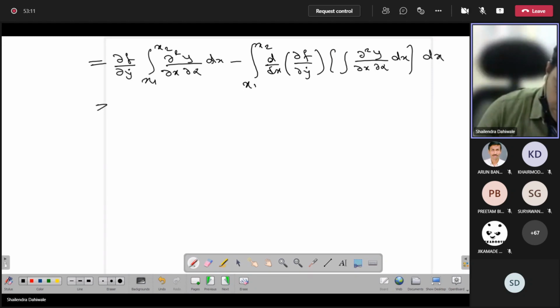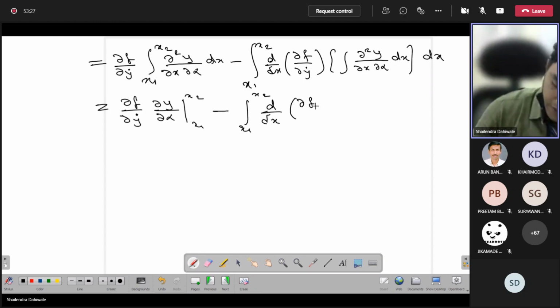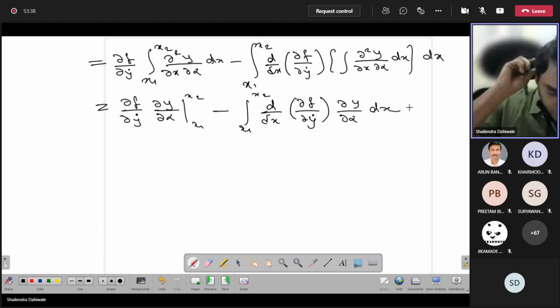If you solve this, you will have del f by del y dot times del y by del alpha between x1 and x2, minus the integral from x1 to x2 of d/dx of del f by del y dot times del y by del alpha dx.